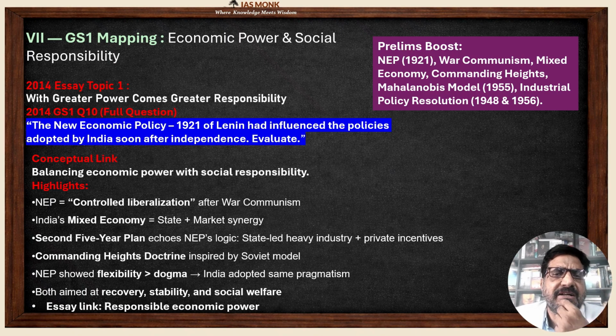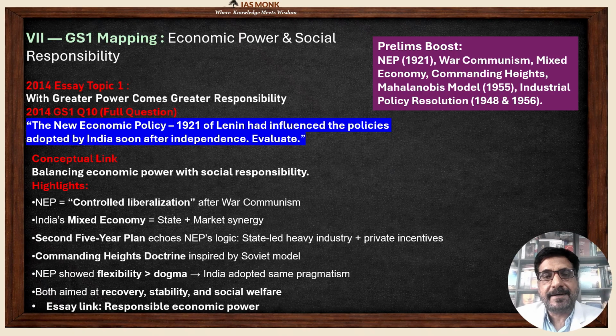Independent India faced similar constraints: food shortages, weak industry, and the need for rapid reconstruction. The leadership, especially Nehru, Mahalanobis, and PC Joshi, saw Lenin's NEP as proof that ideological purity must not override people's welfare.